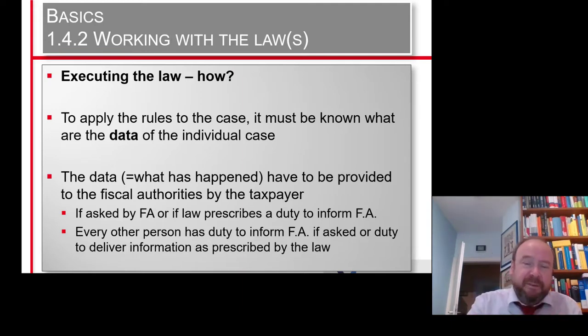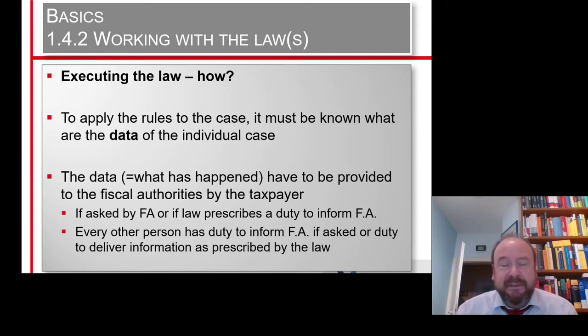If you had an annual income of 200,000, then you owe us, let's say, 70,000 euro. All these rules are worthless if we don't know who had 1,000 euro and who had 70,000. So the data must be collected and then transformed into an individual decision sent to these people.